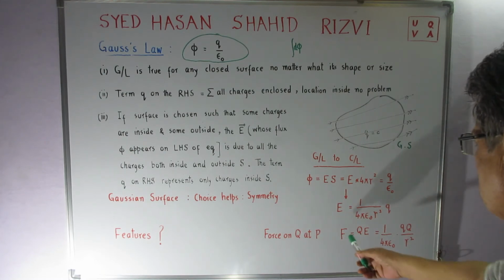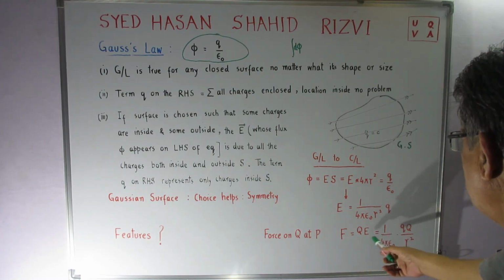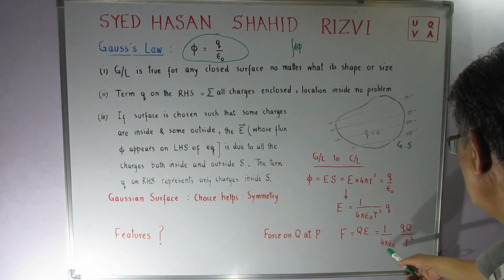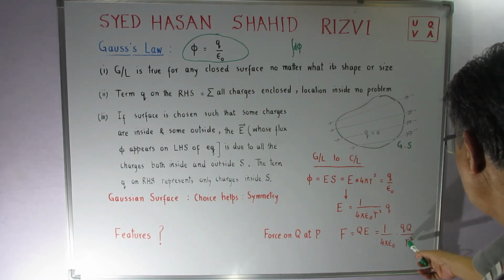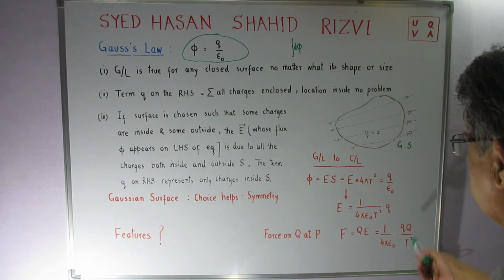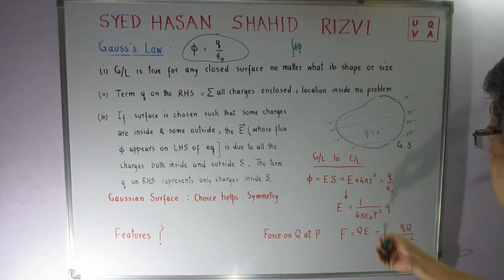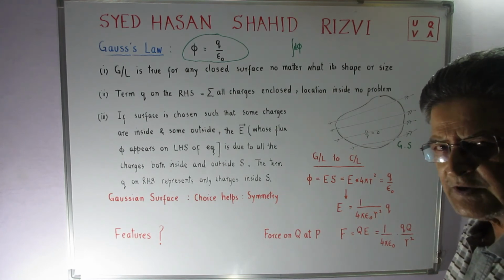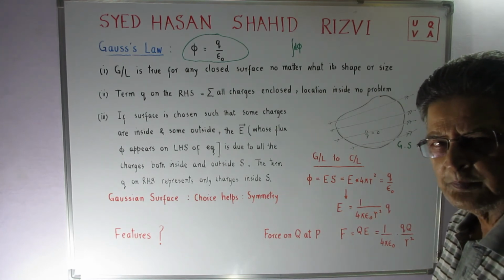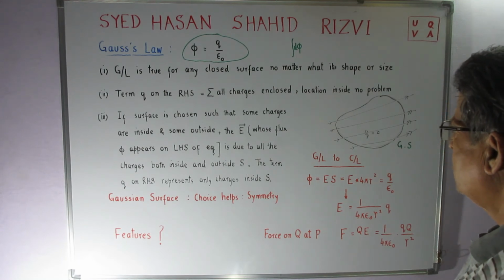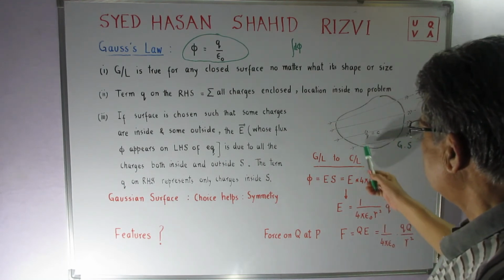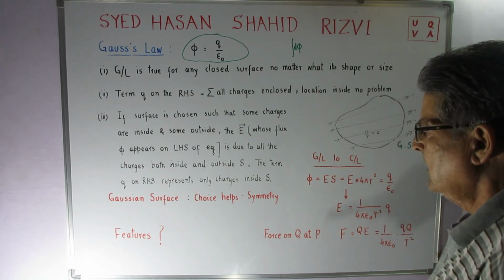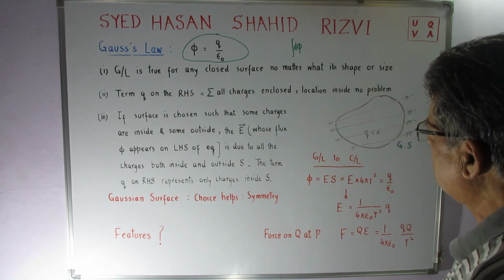So the force on capital Q due to the electric field over there turns out to be equal to 1 upon 4 pi epsilon naught q upon r square. Of course I can write this as 1 upon 4 pi epsilon naught q1 q2 upon r square. Khalas, beauty. So we can derive the Coulomb's law from the Gauss law and the Gauss law from Coulomb's law. Vice versa, we can do that.